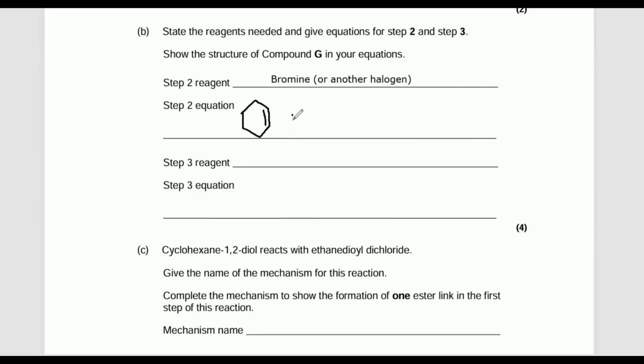Now, haloalkanes can also be called halogenoalkanes. It all just depends on what you like. So we're going to add bromine here. It's going to add across the double bond, and we're going to get a dibromocycloalkane.